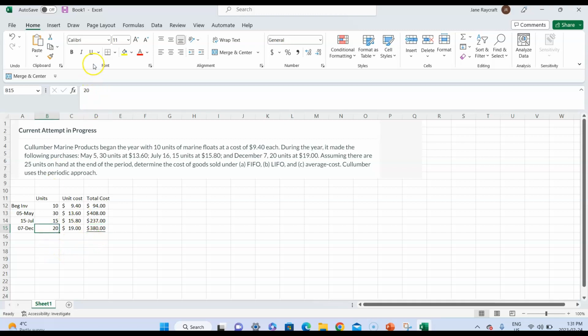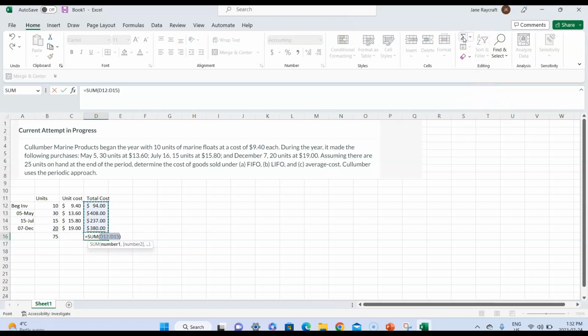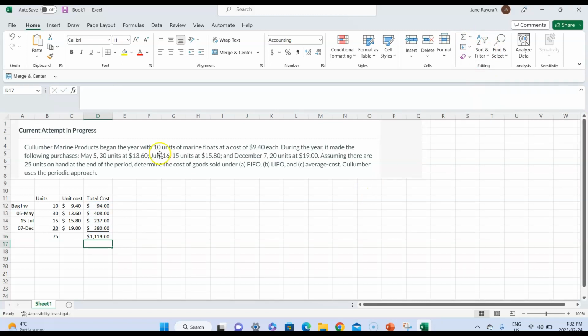So our next step is to figure out how much we have available in total. In total, we have 75 units, and all 75 units cost us $1,119.